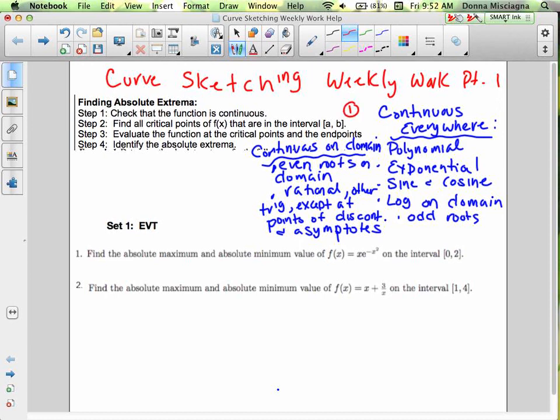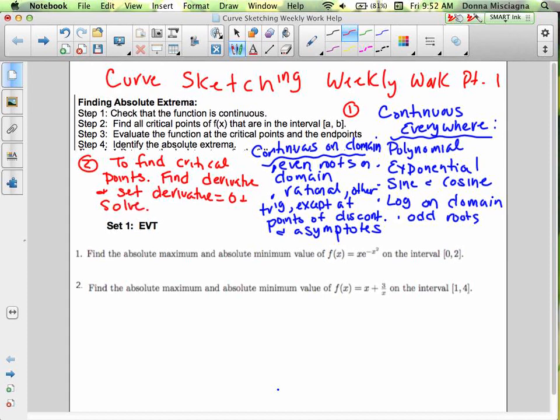Step 2, find critical points. You find the derivative and set the derivative equal to 0 and solve.